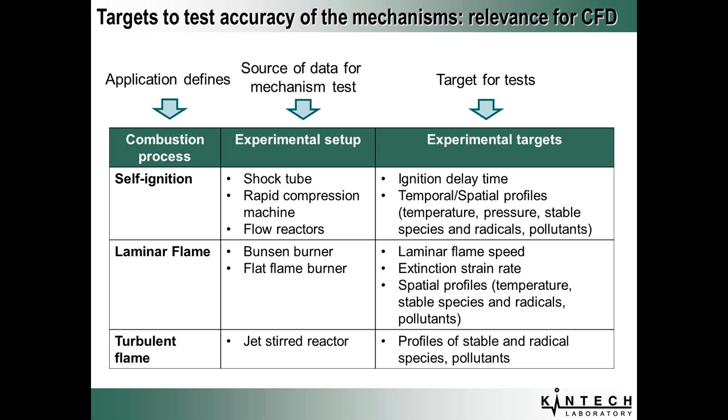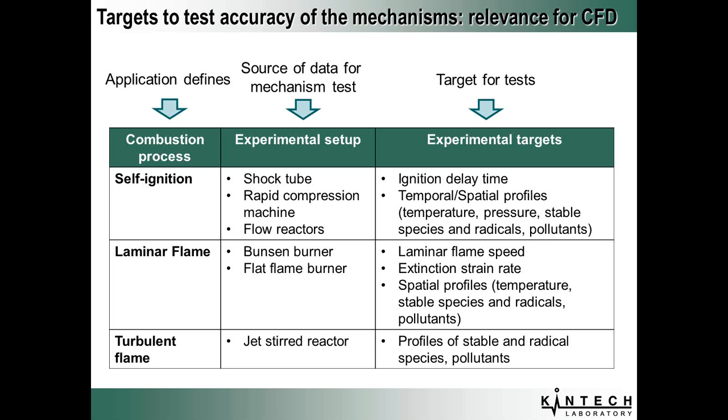So on this slide, I have presented three types of information which is important for us. First of all, the combustion process which we would like to simulate with respect to our original system for CFD simulation. And the engineer should define will he model self-ignition or flames, laminar or turbulent ones.